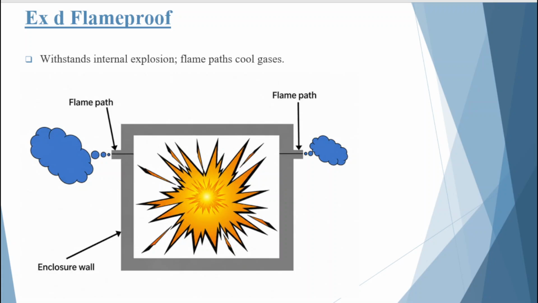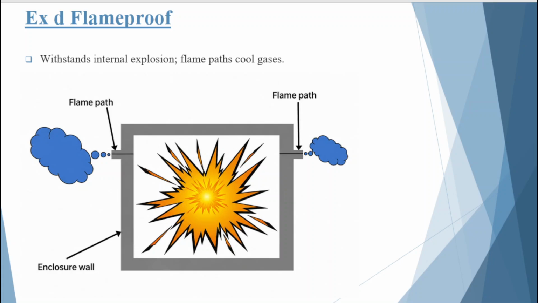So, Ex d protection works on two important principles. First, the enclosure is strong enough to withstand an internal explosion. Second, the flame path cools the escaping gases before they reach the hazardous atmosphere outside.